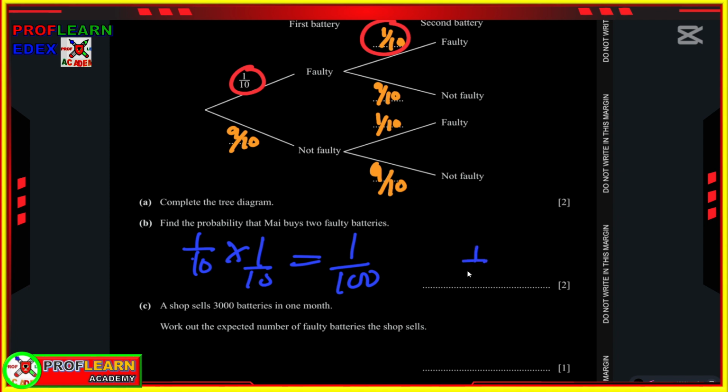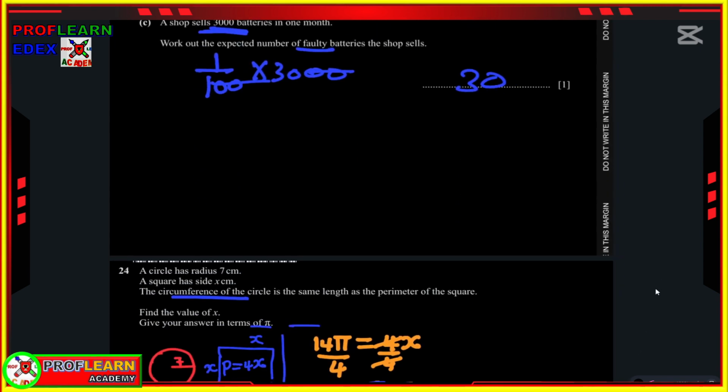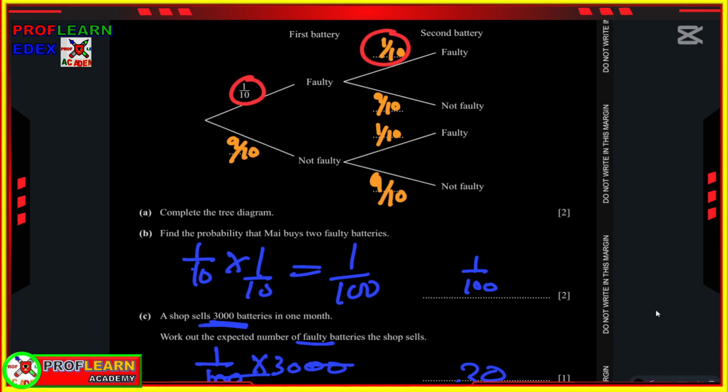And for 3,000 batteries, this will be 1/100 times 3,000, and that's going to translate to 30 batteries. Yeah, 30 batteries. So that's basically what you are supposed to do at that given point.